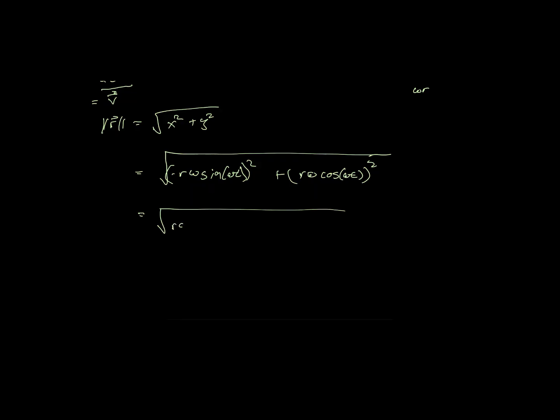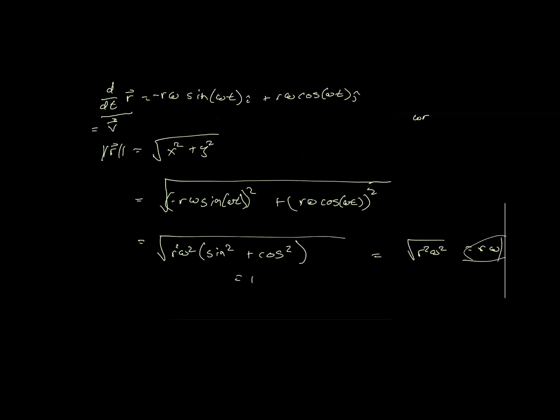The minus doesn't matter. So we have r omega squared times sine squared plus cosine squared. Same thing. Okay, so then this equals 1, right? So then that equals the square root of r squared omega squared, which equals r omega. So that's our velocity magnitude.